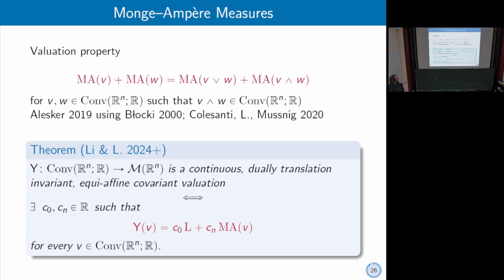So if you have a measure-valued function on convex functions, it's a continuous, dually translation invariant and equiaffine covariant valuation precisely if it's a linear combination of Lebesgue measure, so this is just n-dimensional Lebesgue measure, and a multiple of Monge-Ampère measure.